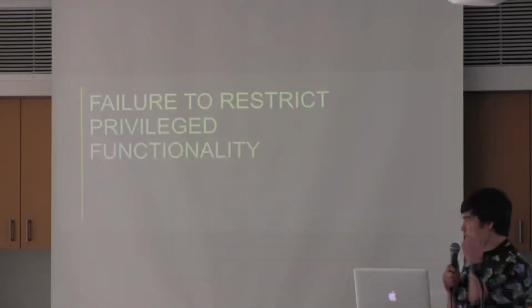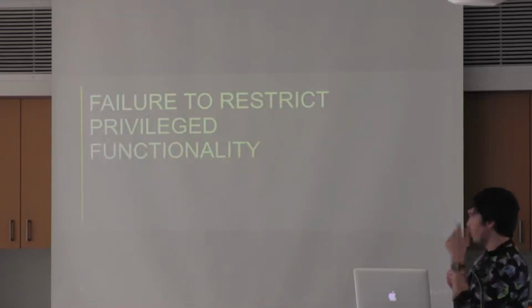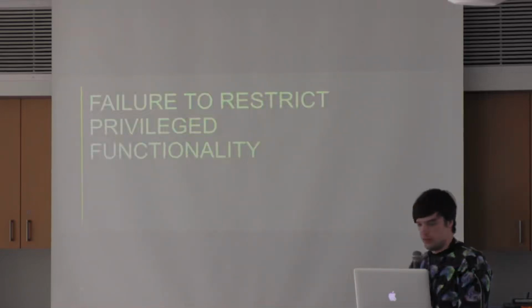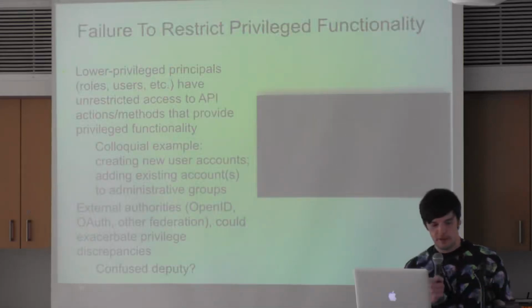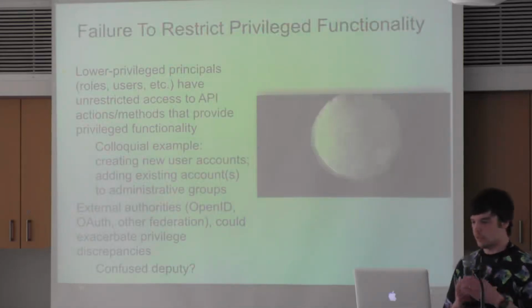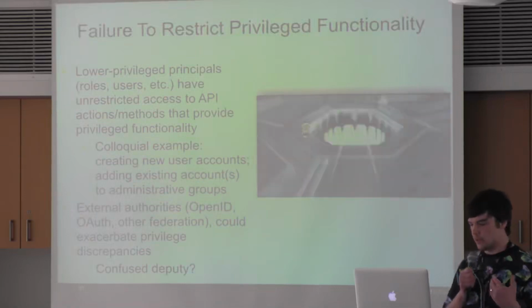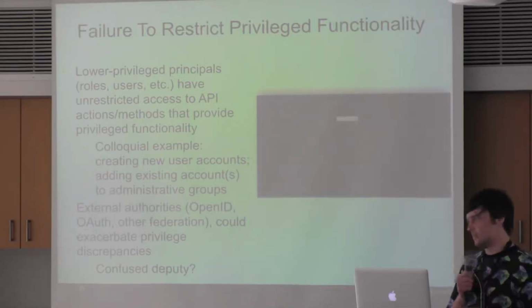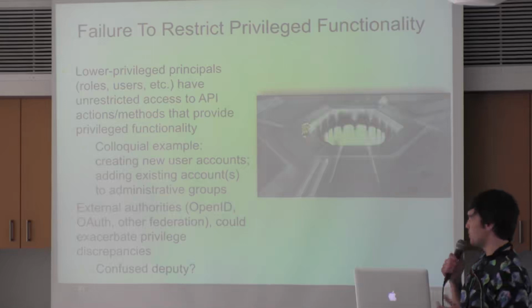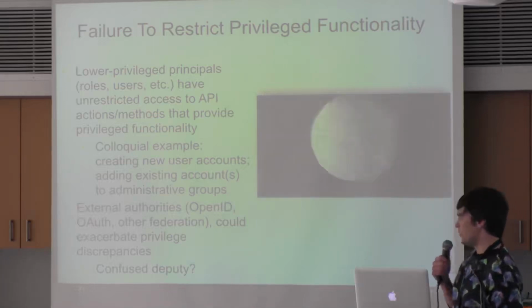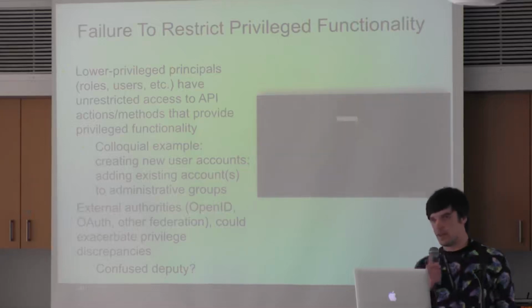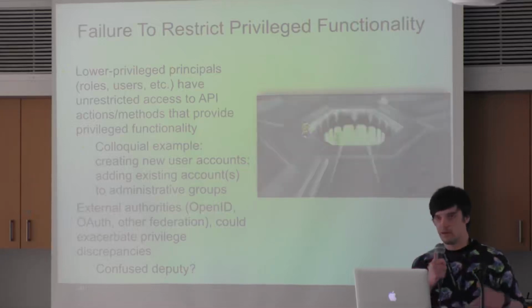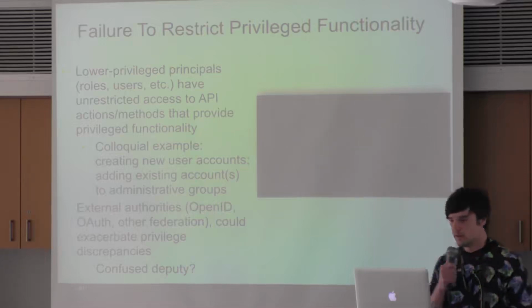I couldn't come up with a good title for this one, but I called it failure to restrict privileged functionality. So in the case where you have a method or some sort of functionality that is privileged but unrestricted to lower privileged users, such as destroying the Death Star, that would be awful. Colloquial example: creating a new user account as not an admin or not a role that should have that.